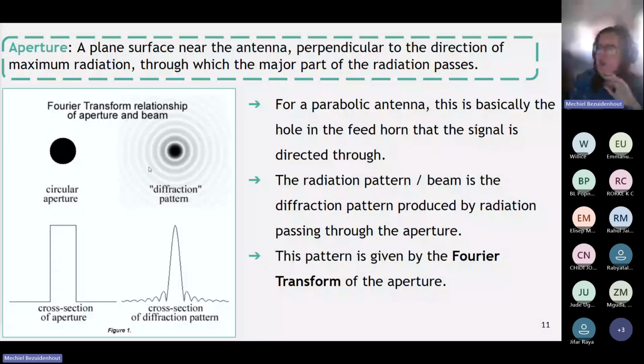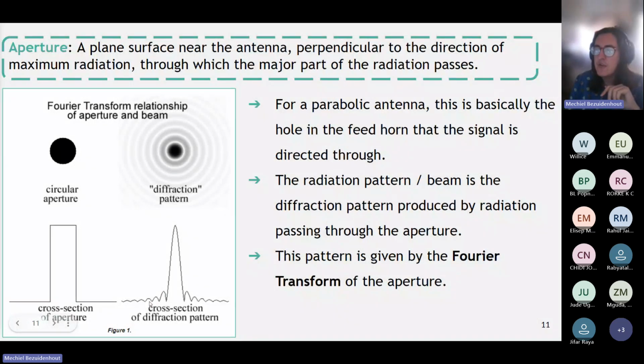That's called an Airy disk function. And if you take the cross section of this diffraction pattern, you see there's a main lobe in the middle. It's called the main lobe, or the primary lobe, or the primary beam. And then there are these smaller maxima, these wobbles, which are called side lobes.